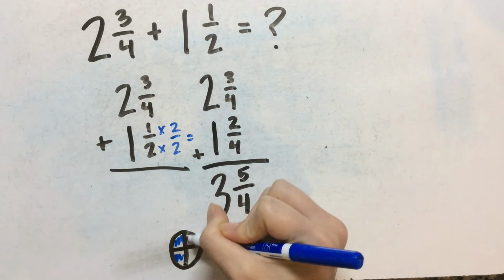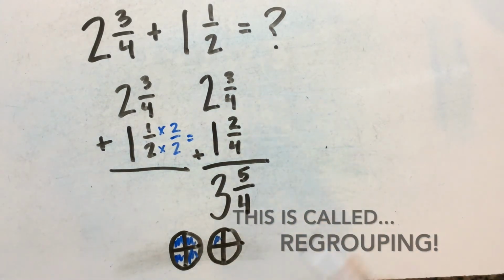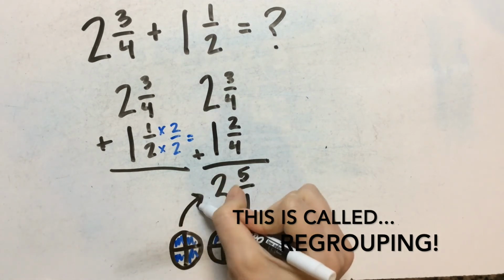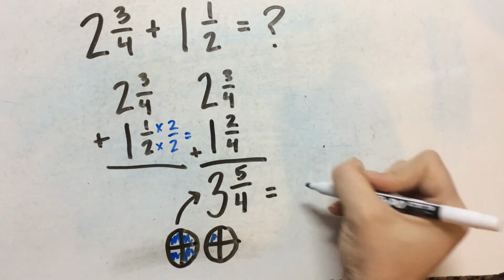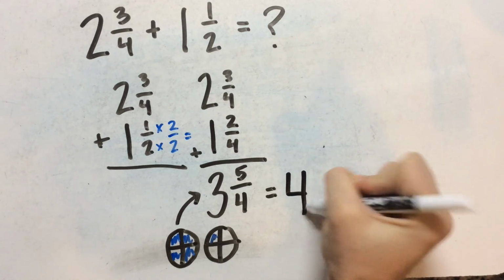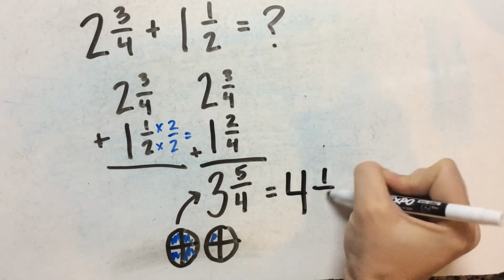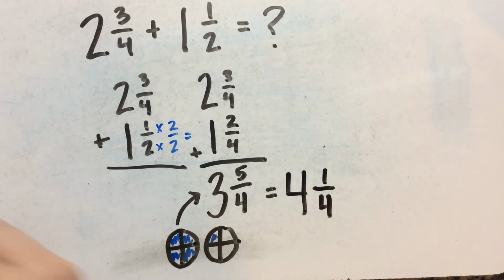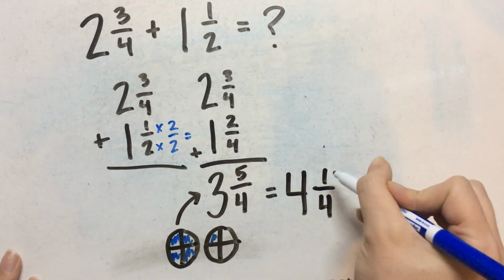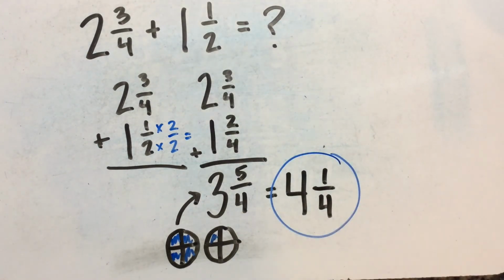So 1, 2, 3, 4, 5. So I can see here that one of these wholes can just be added to this 3. It equals 4 and this 1/4 left over. And 1/4 is in simplest form because it's a unit fraction, so that's my answer.